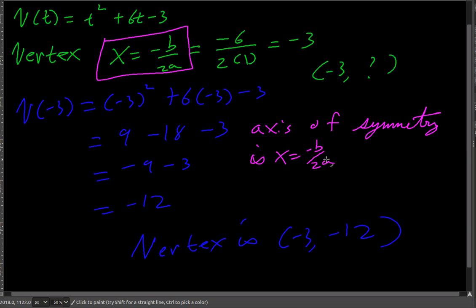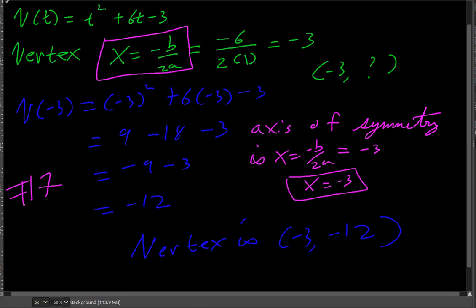This is the line that the parabola reflects itself over, and so that is x equals negative 3. That is the axis of symmetry. So if this makes sense to you, and I hope that it does, then now you know how to do problem 7. Cool. Okay, let's continue.